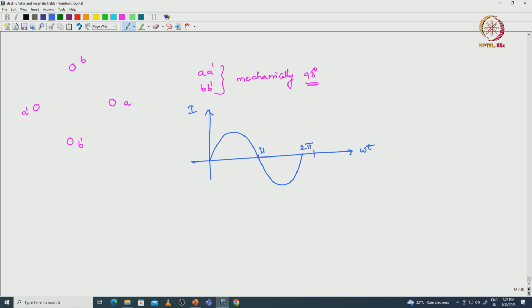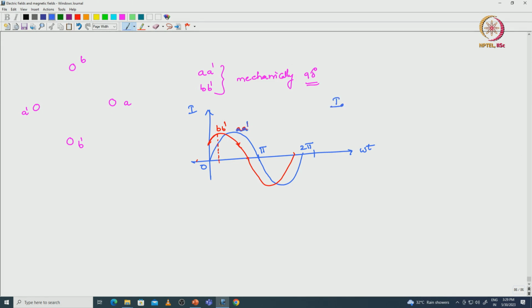This is 2 pi, pi and 0 degrees, and now the other current is displaced by 45 degrees. This is B, B dash coil current and this is A, A dash coil current, blue color one.